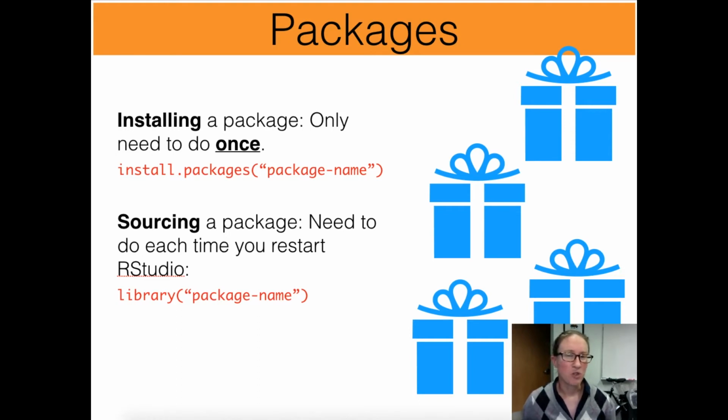But then you do need to source packages each time that you restart RStudio. So we worked with the MASS package, we installed it. Now it's installed on your computer. So if you reload R and you need to work with something from the MASS package again, all you need to do is have this library function in your code. So it'd be library(MASS).